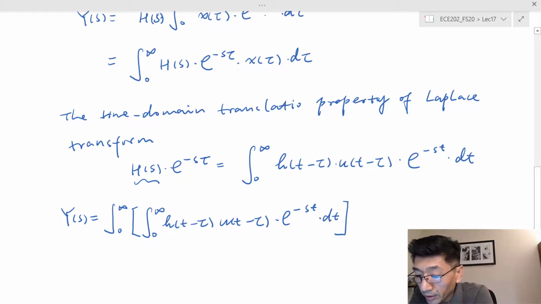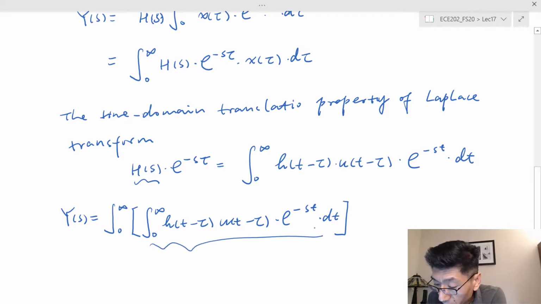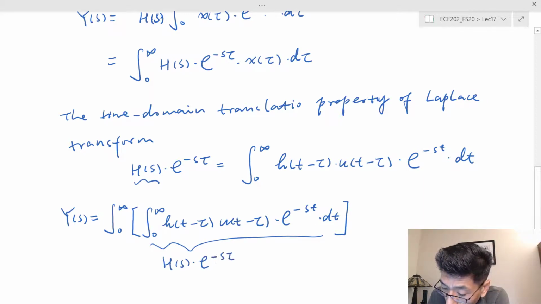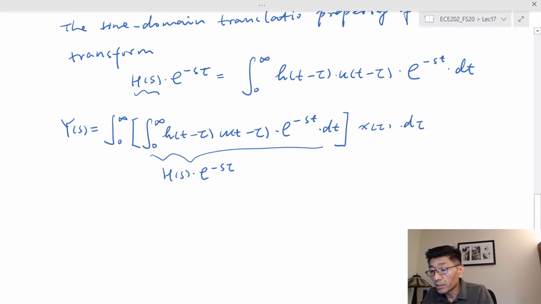The reason I use τ for one and t for the other is so that we don't get confused. This term here is just H(s) times e^(−sτ), and then I need to have the rest, x(τ) dτ. So now I have two integrals: one is the inner one, and the other is outside.